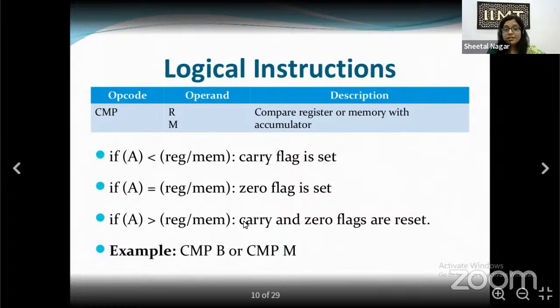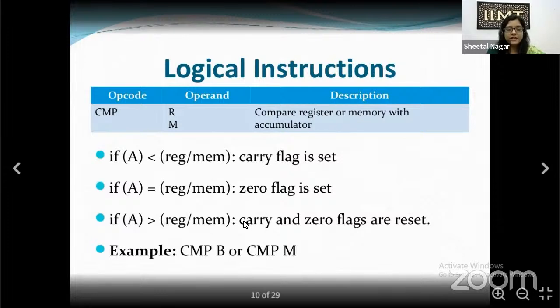If we take 04 in the accumulator and 04 in register B, and after that we execute the CMPB instruction, then after execution the zero flag will be set, because internally a subtraction is performed, that is the contents of the accumulator minus the contents of register B, and the result will be 0.